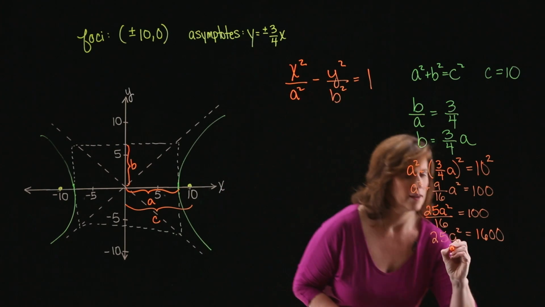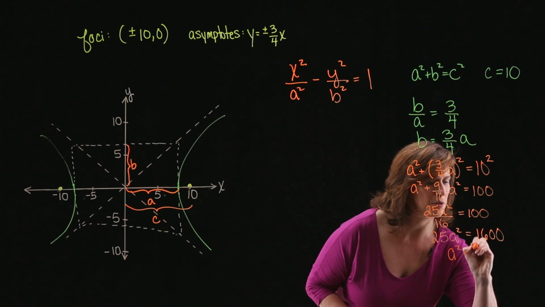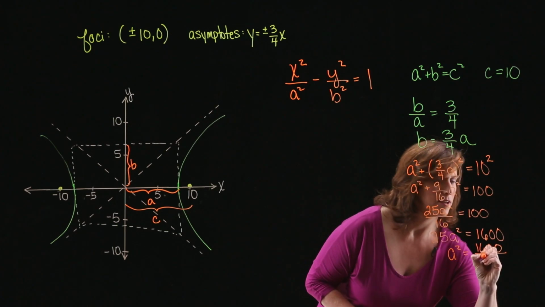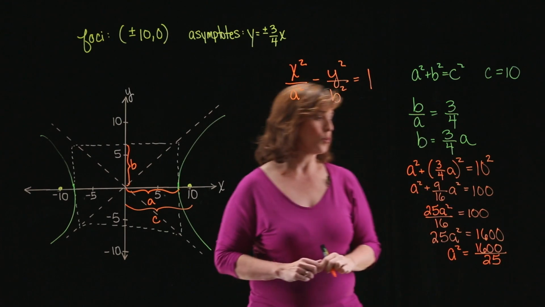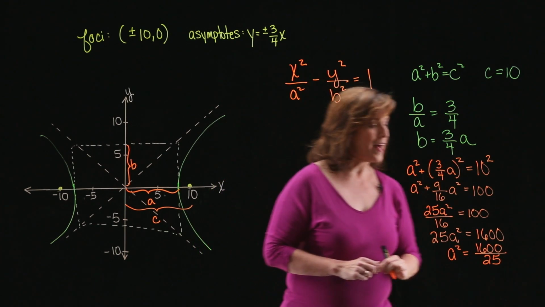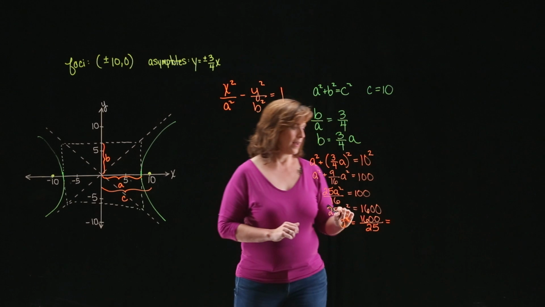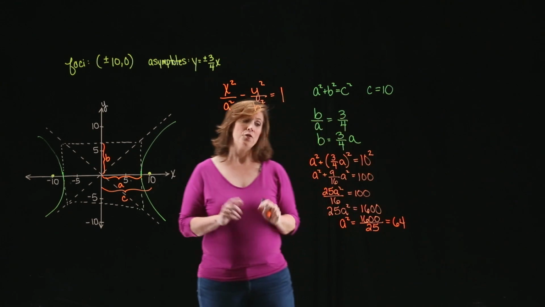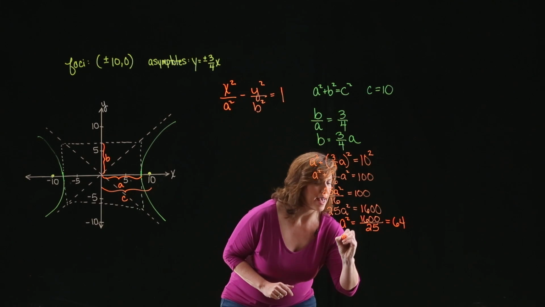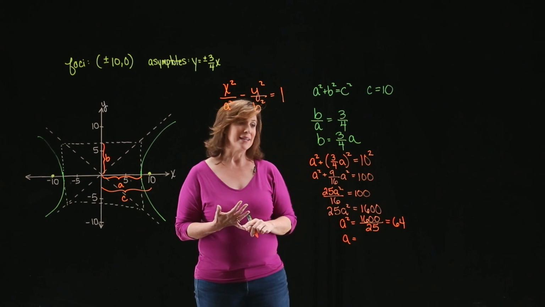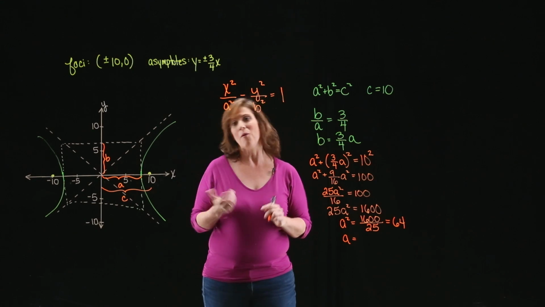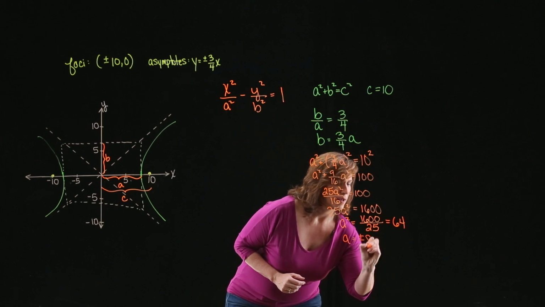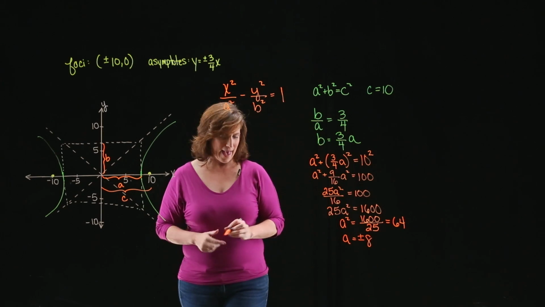A squared is going to be 1600 divided by 25. And that is going to be 64. So if a squared equals 64, that means a is going to be plus or minus 8. But remember, in my formula, I want a squared anyway. So I'm going to be plugging in an 8 for my a.